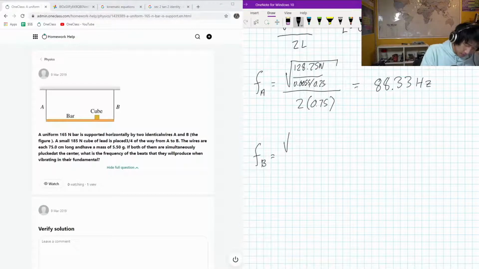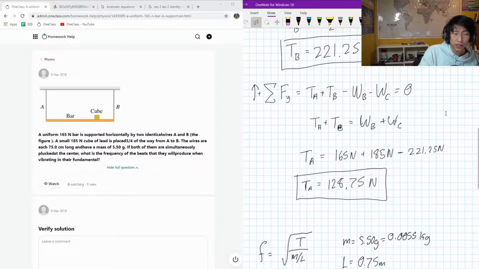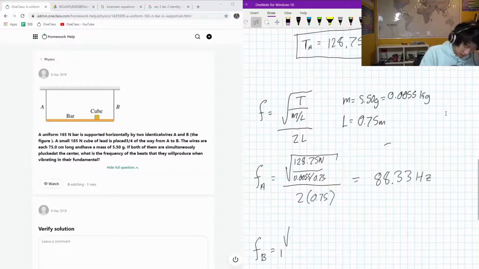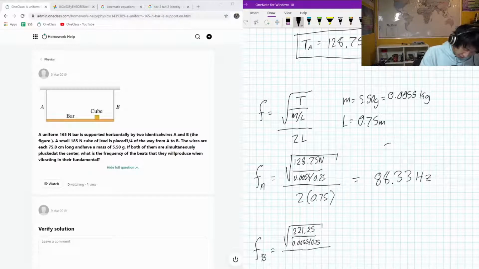Okay, so the frequency of B was 221.25 over the same 0.0055 over 0.75, all over 2 times 0.75 to follow the equation protocol. And let's figure this out.